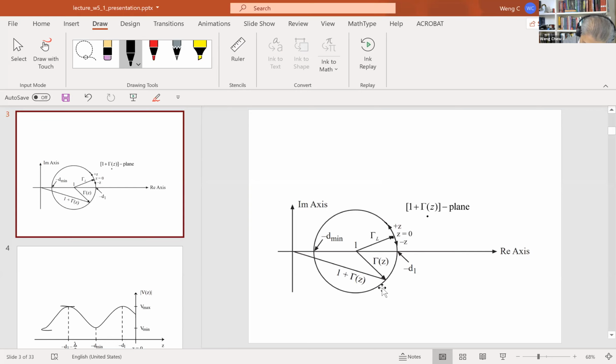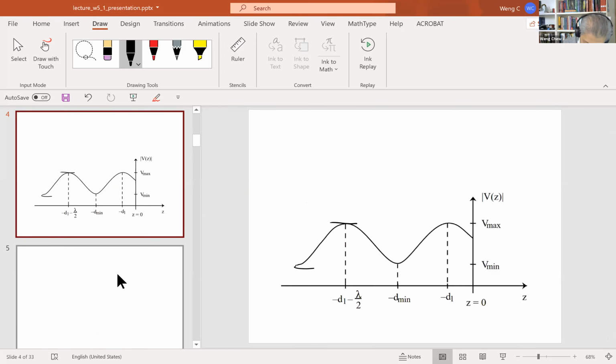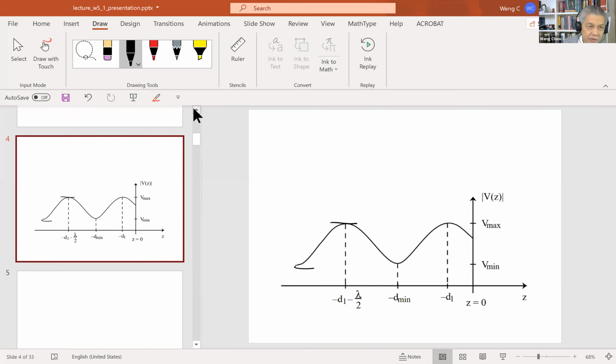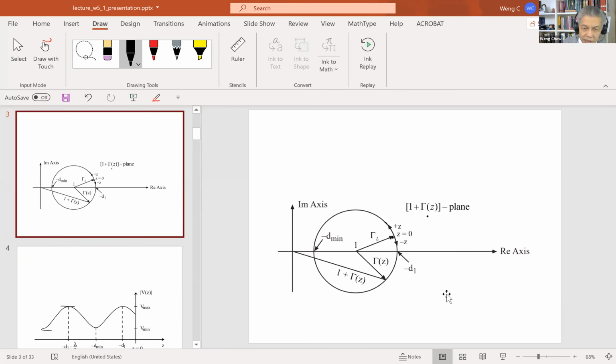You can see that 1 plus gamma Z will be changing its amplitude as you change your Z. And so you can say that as Z becomes negative, the voltage is not a constant. It will have this standing wave pattern. The location of D min and D1 depends on this rotation.